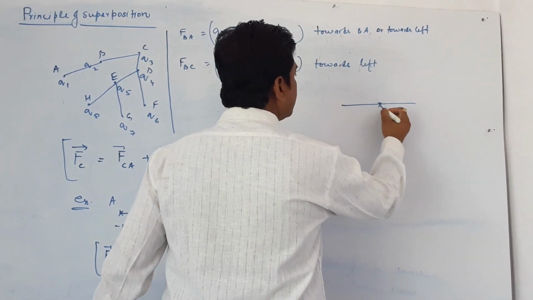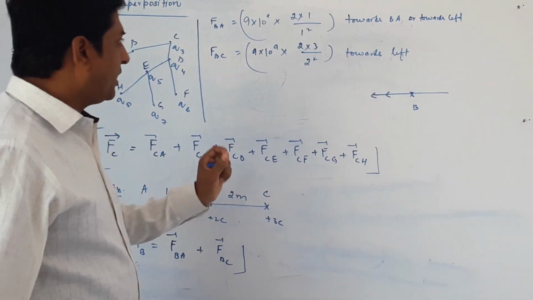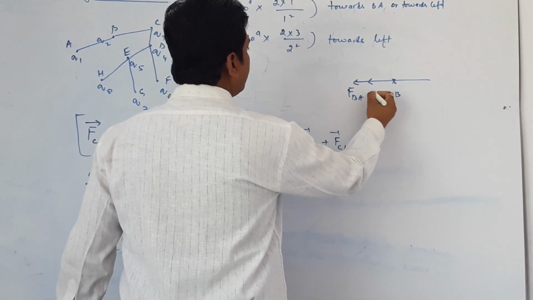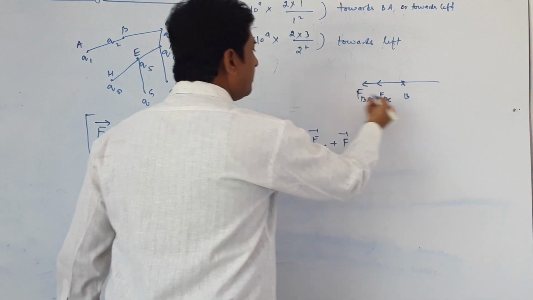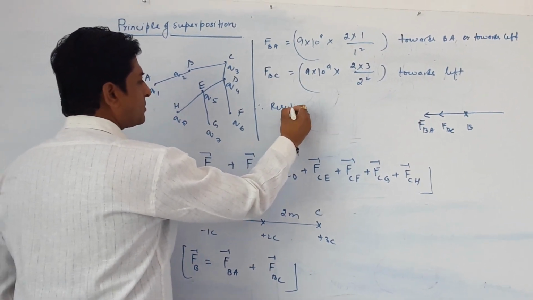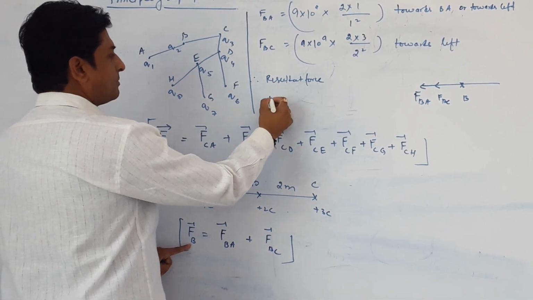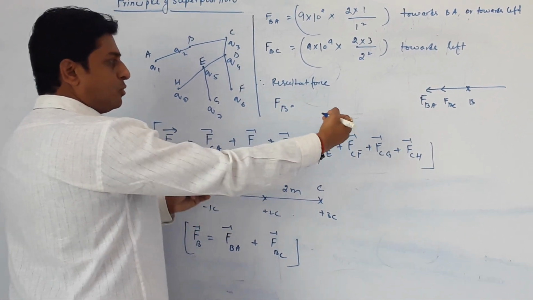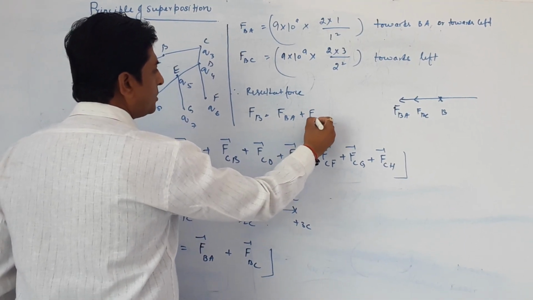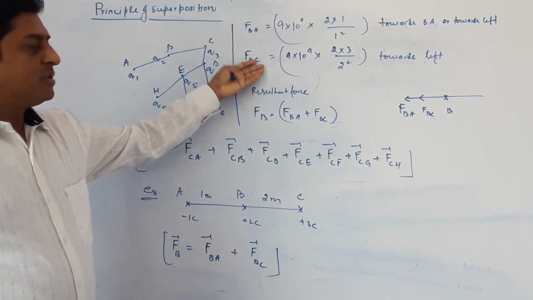Now you can see both the forces are acting towards left, means what? If here is B, then I am putting two arrows here, one arrow for FBA and one arrow for FBC, and both are in the same direction. Therefore the resultant force, that is FB, will be, because both are in the same direction, in magnitude we will directly add this one with this one.